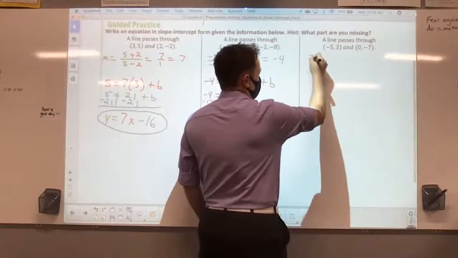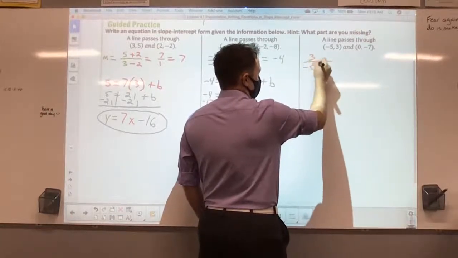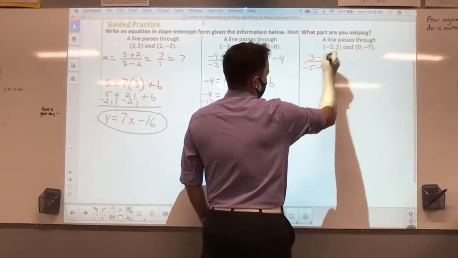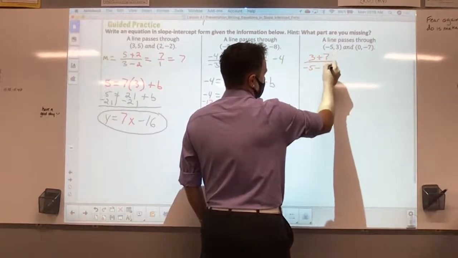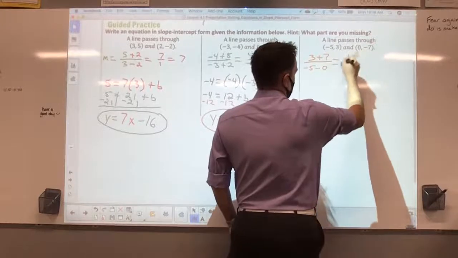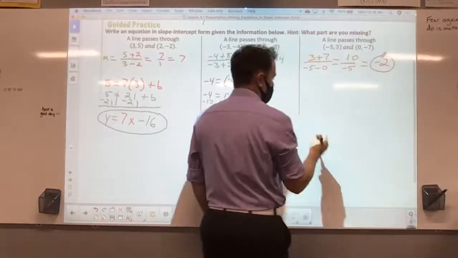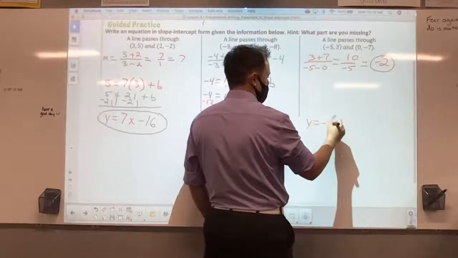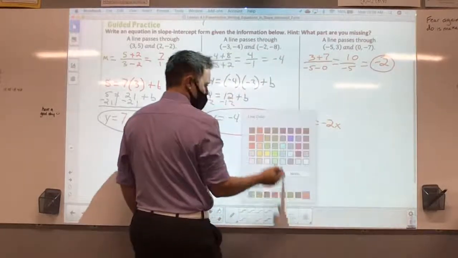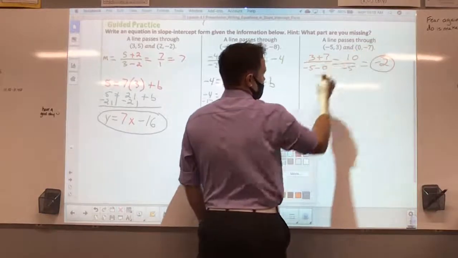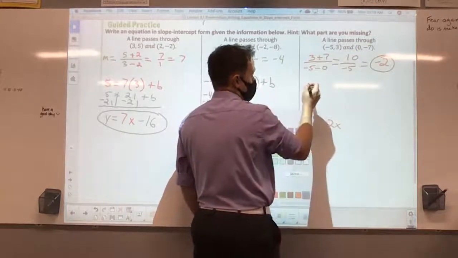So it'd be 3 over negative 5 minus, and then that would be what? Plus 7 over 0. So it'd be 10 over negative 5, which would be a negative 2. So it's y equals negative 2x. And then once again, you've got to find your b value. So I'll use the 0 because that's easy to plug in, right?